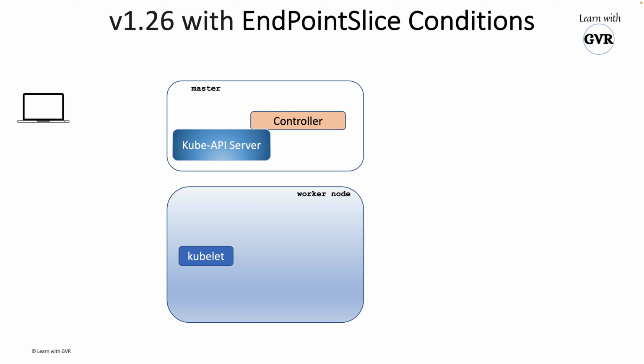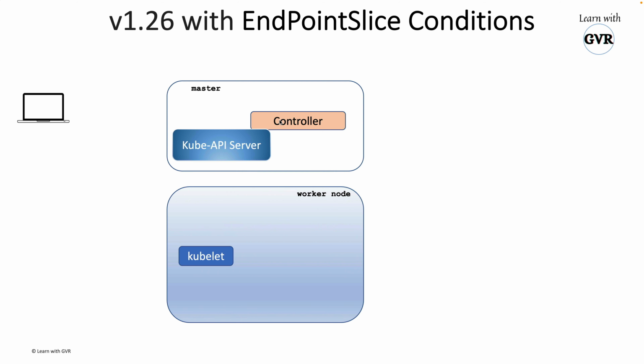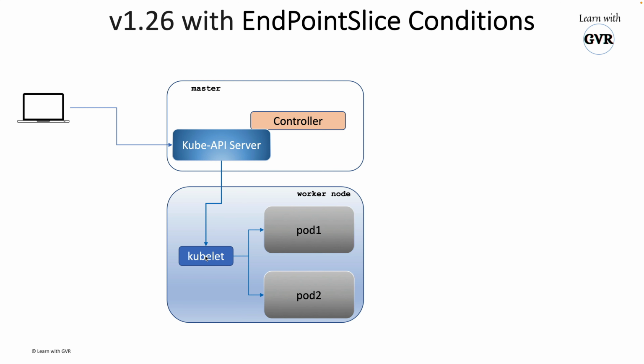Now go back to the endpoint slice conditions. Let's say there is a kube-apiserver and an endpoint slice is created. Under the hood, there is a controller called the endpoint controller, which is internally maintained by the kube-apiserver, kind of like an admission controller. Every worker node will have a kubelet. Whenever you try to create a pod, you hit the kube-apiserver, and it instructs the kubelet to create the pods.